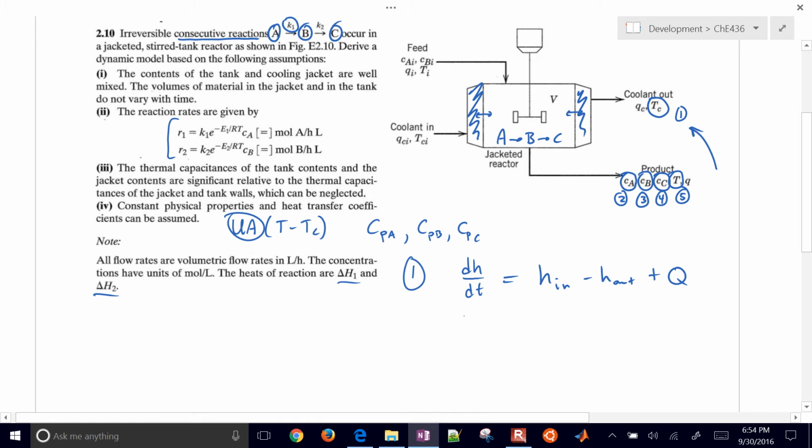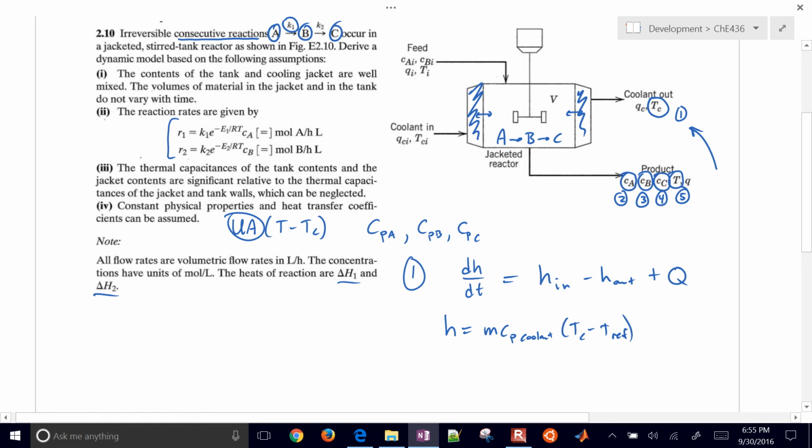So the first thing that we need to do is just say H equals M C sub P of our coolant, times T coolant minus T reference.